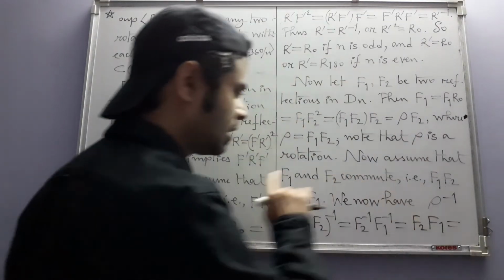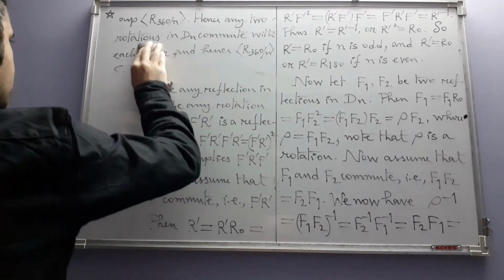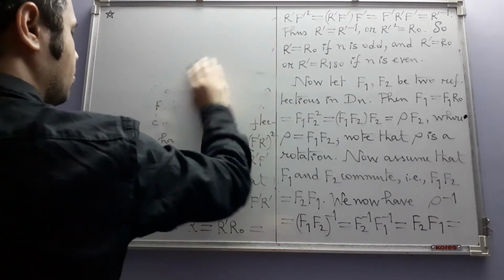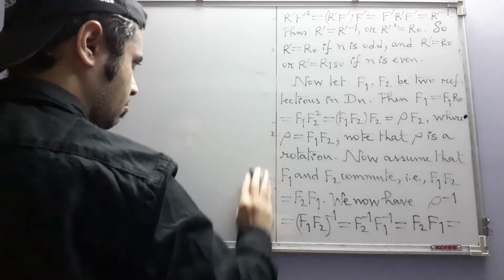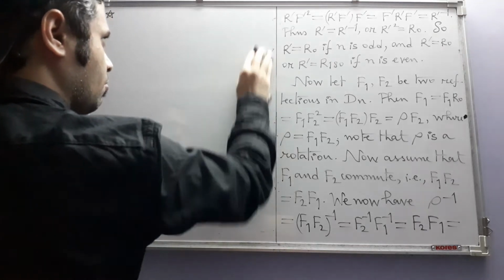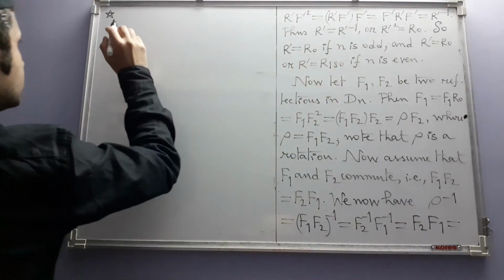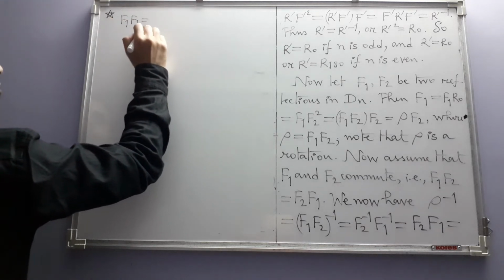Now because of our assumption F2 F1 is equal to F1 F2, this is equal to F1 F2, and that is nothing but rho.